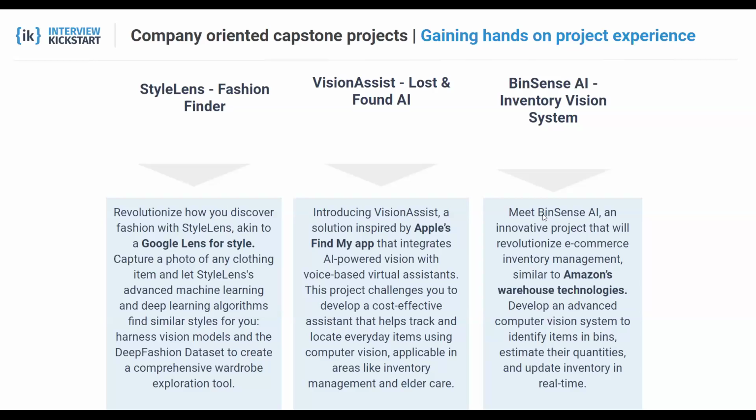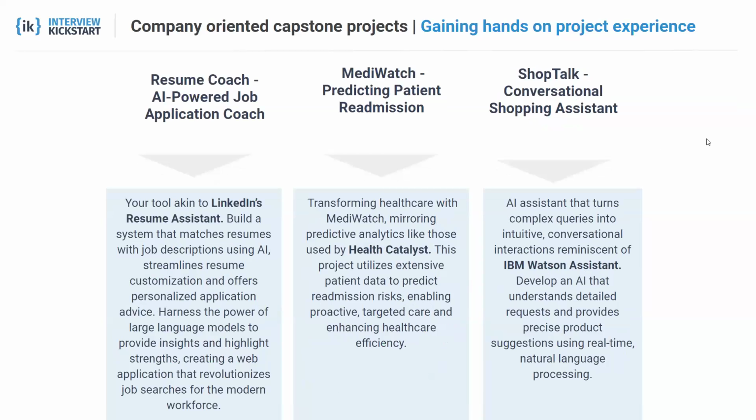So here again, the idea is to build an advanced computer vision system to identify the items in the warehouse, and be able to keep track of all those inventories in real time without any manual intervention, right. Then you have Vision Assist, Lost and Found AI, which is again a similar image based capstone project.